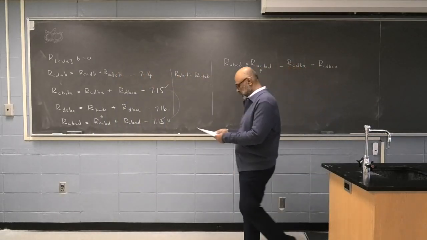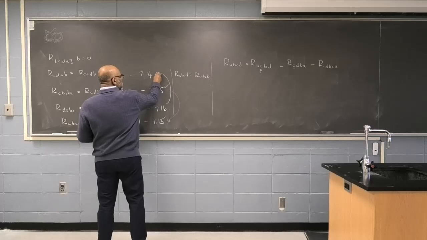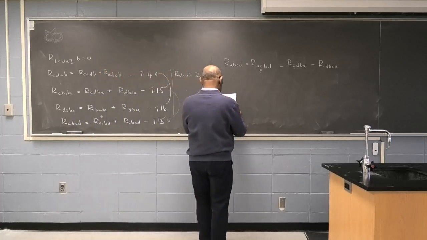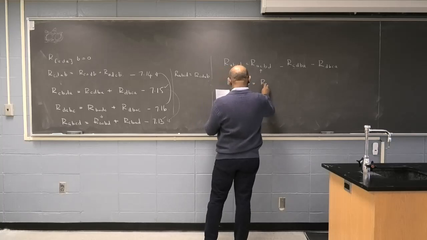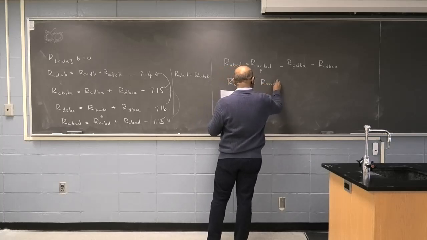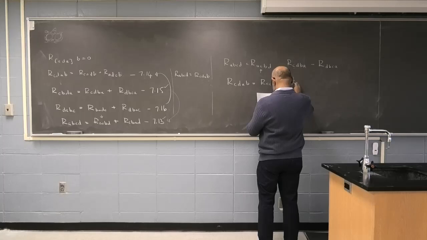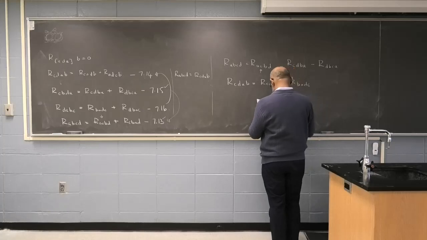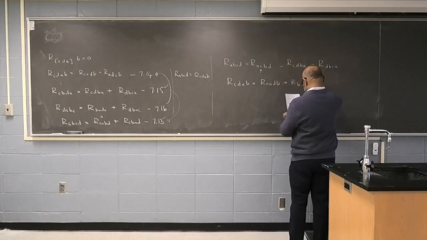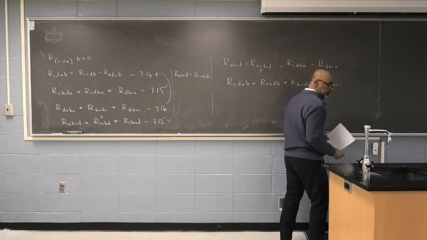And so the last one, of course, we pick the other, I take this and put it in here, and I don't need to go through the algebra. And then I have R CDAB equals R CABD plus R BADC plus R DBAC.